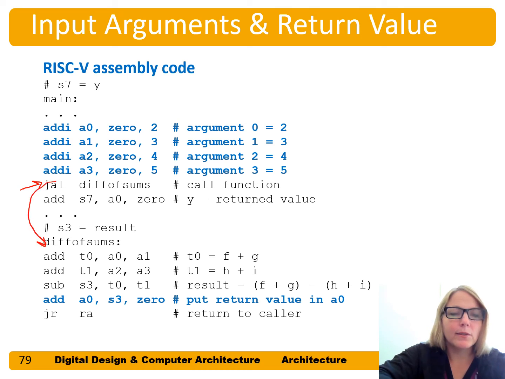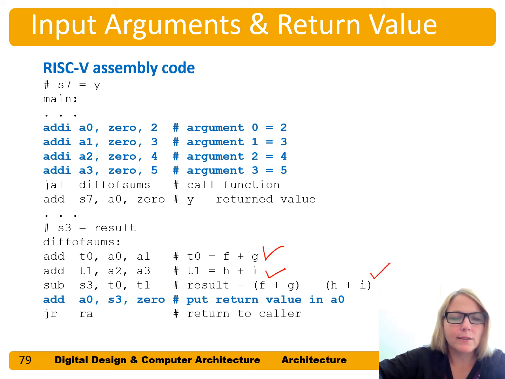So it jumps to a diff of sums label. It does its thing by performing F plus G, put that in T0, H plus I, and then subtracting those two, T0 minus T1.